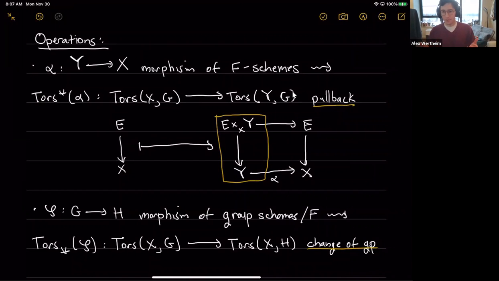There are two components in Tors(-, -) which one could change, which result in some functoriality operations. First, I could change the base scheme.